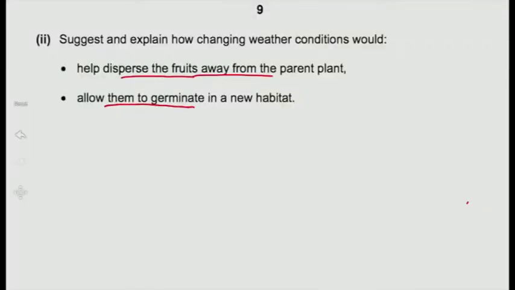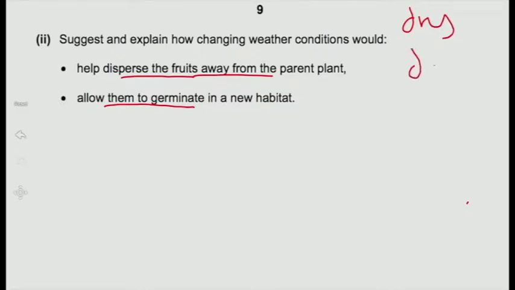2, allow them to germinate in a new habitat. We've just said that fruit and seed dispersal help the seeds to germinate at distances far away from the parent plant to minimize competition for the water, space, sunlight, and the like. Now, let's have the two fruits in the picture.